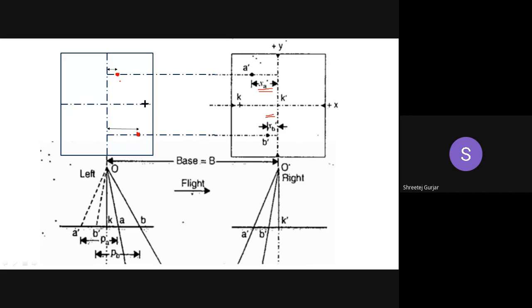Is it A, is it B, or is it K? Try to answer. The answer is already on your screen, you just have to interpret. Is it A, B, K, or A dash or B dash? Try to answer quickly so that I can leave you early.